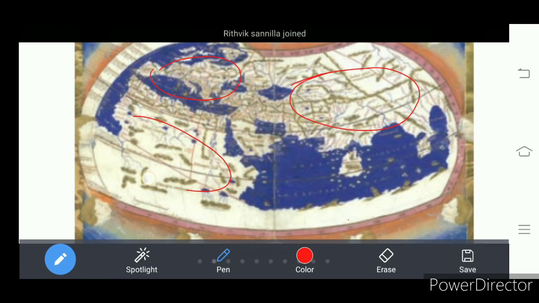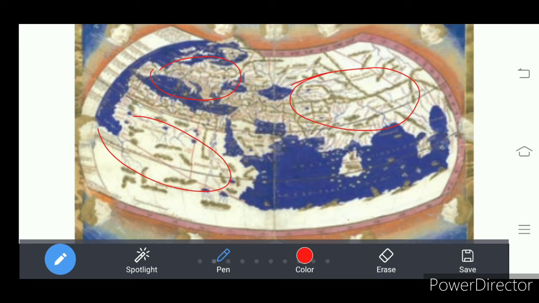And it is Africa. And how is it shown here? Sri Lanka. This is Sri Lanka. It is shown bigger than India. India is very small. They have shown it here, which is not right.